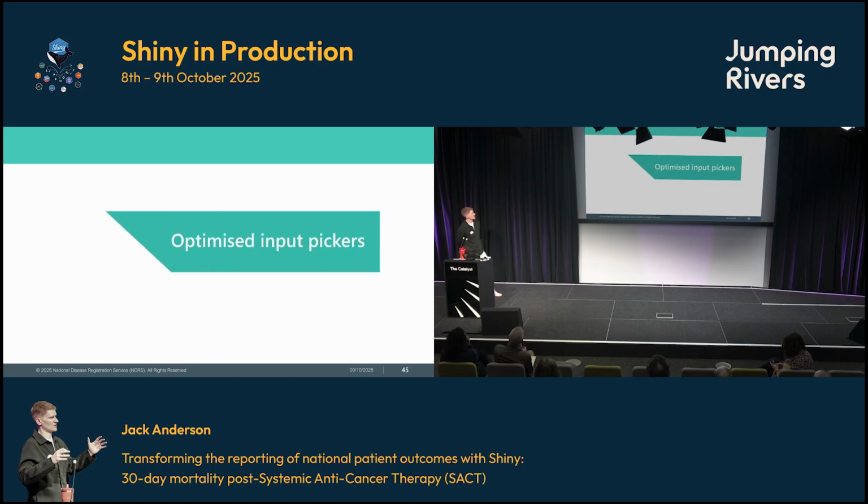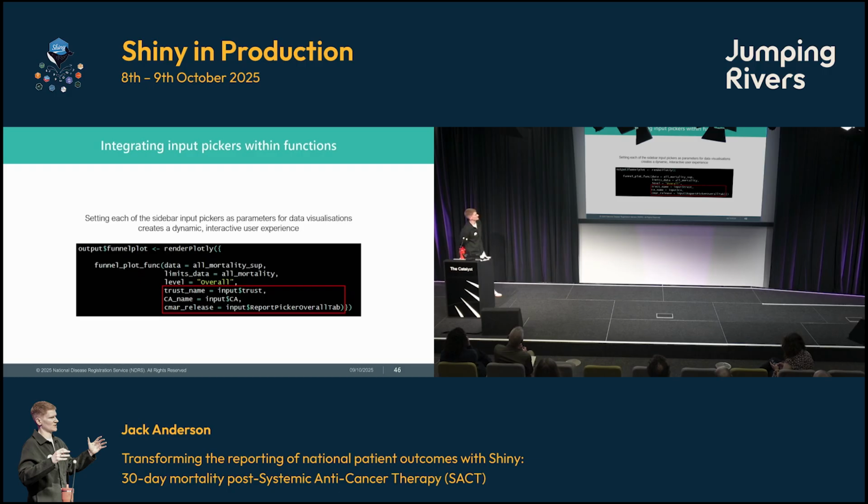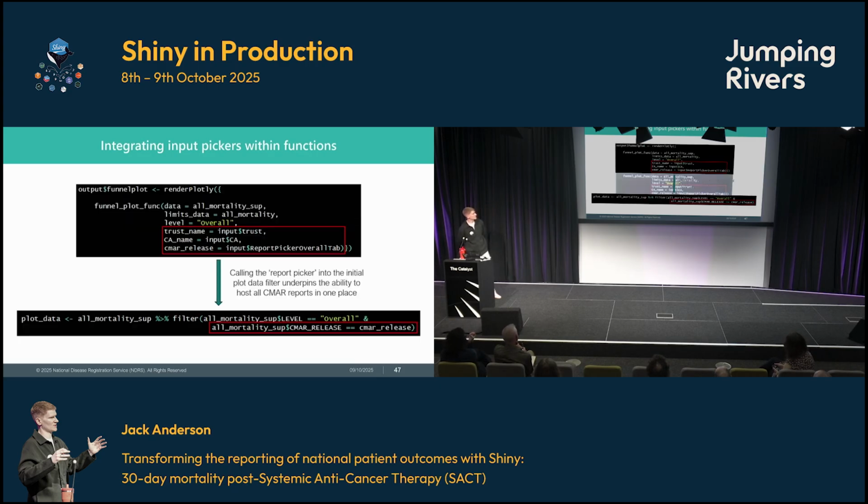And just to touch on how we've optimized these in Shiny, the first example is integrating these within our functions. So this is just a snippet from our funnel plot function to highlight that we have opted to parameterize all of our input pickers from the app. And so trust name, Cancer Alliance, and report itself. And the first of these is used in the simple plot data filtering.